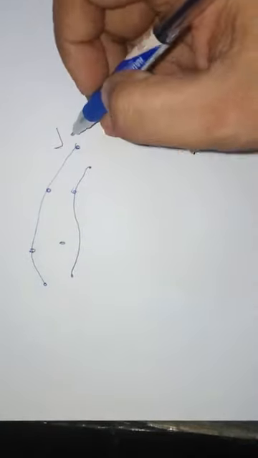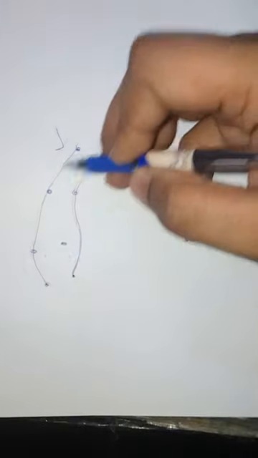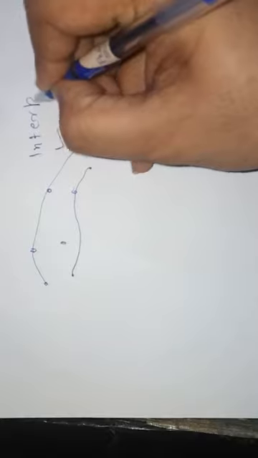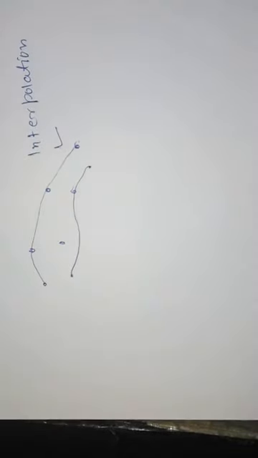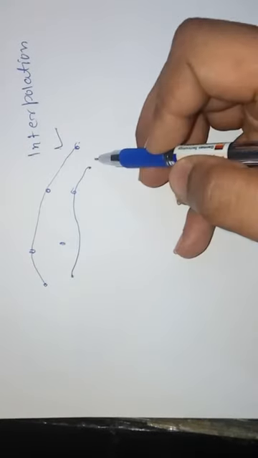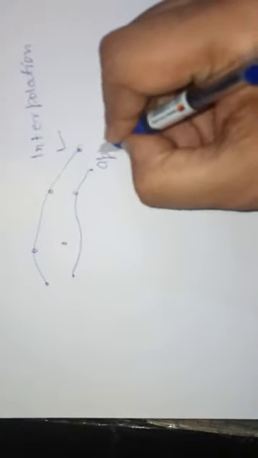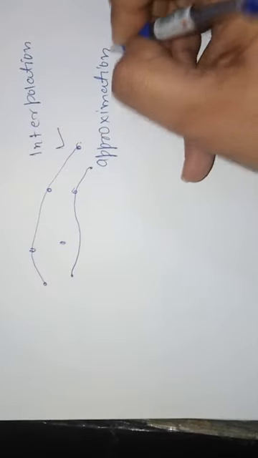In this diagram you can see all control points are covered when I am making the curve. This type of curve is called interpolation. And if not all control points are covered, and only some control points are covered when making the curve, then it is called an approximate spline.